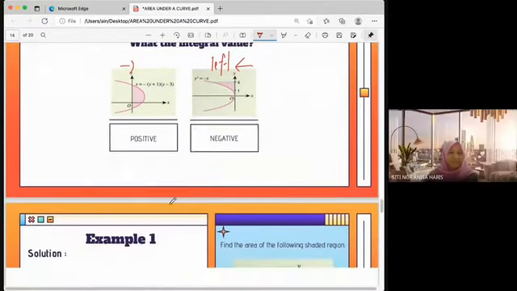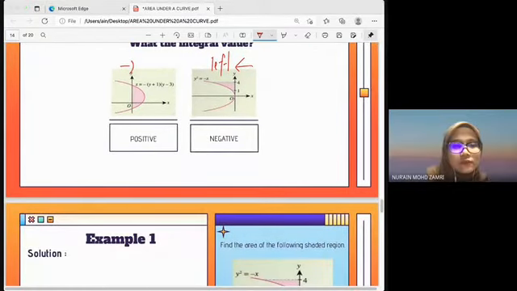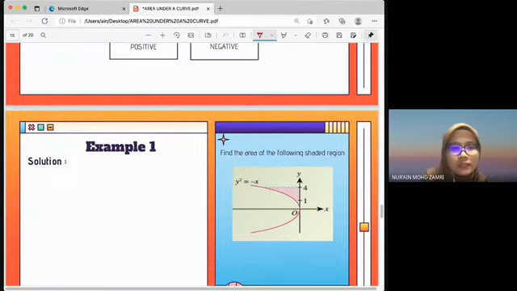Okay, teacher. Let's do the first example. This is our first example. Given the function of the curve is y squared equal to negative x.